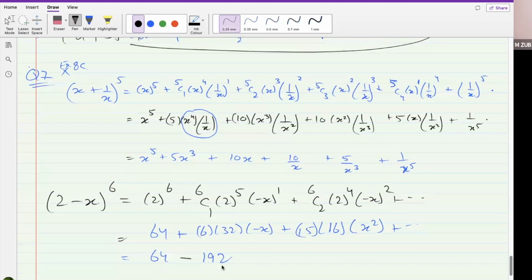So negative 192x plus 15 into 16 is 240x square. Done.